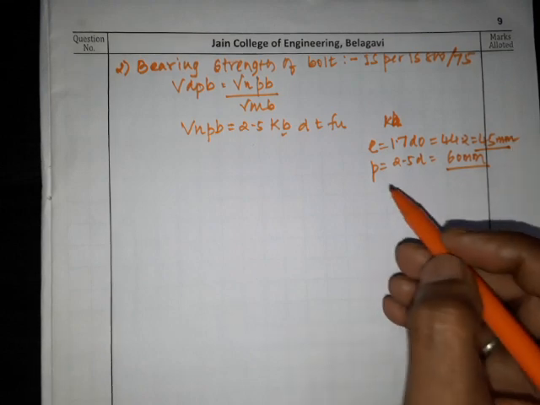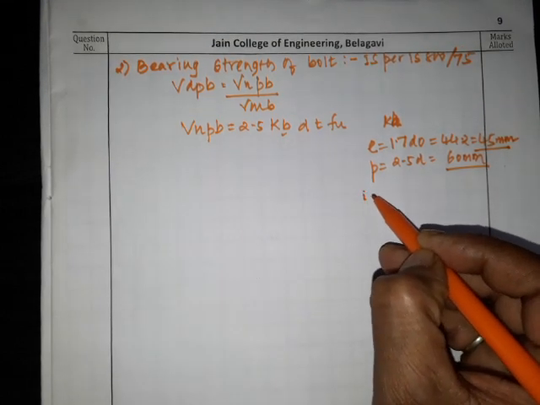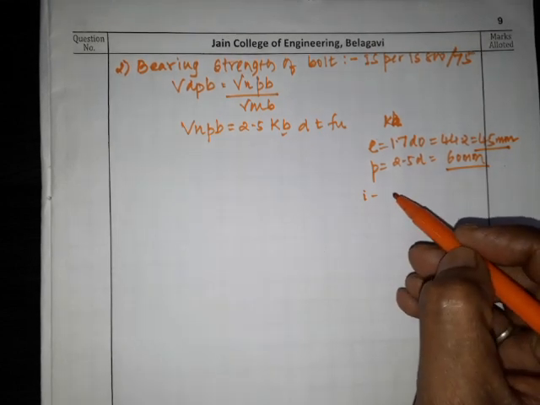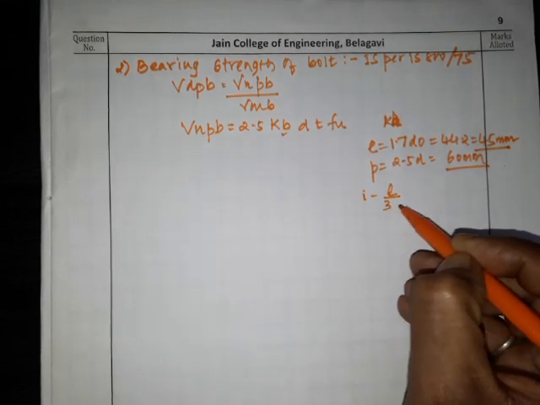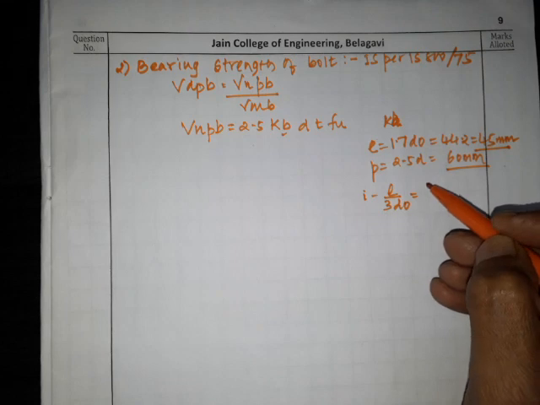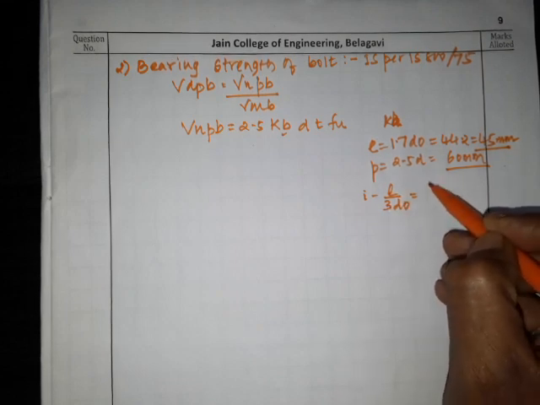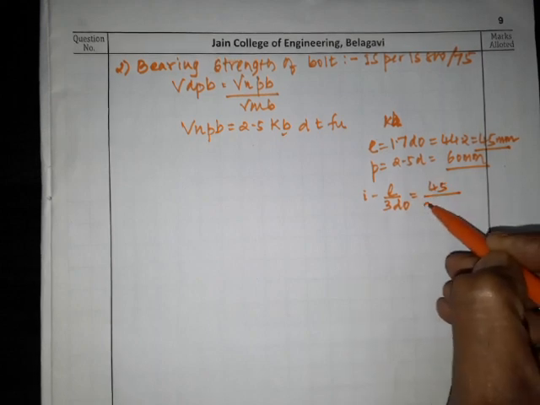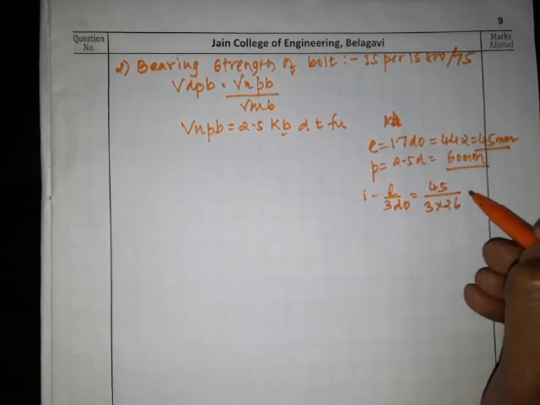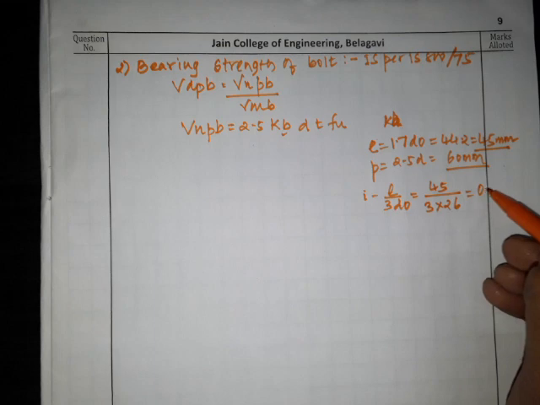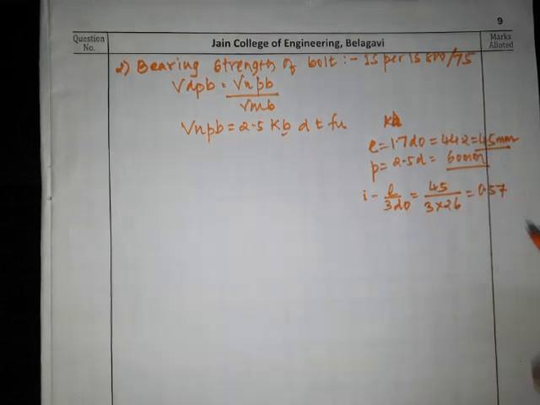Therefore kb will be, first of all, E divided by 3D naught. E is 45 divided by 3 times D naught, which is 60. So we get 0.57.